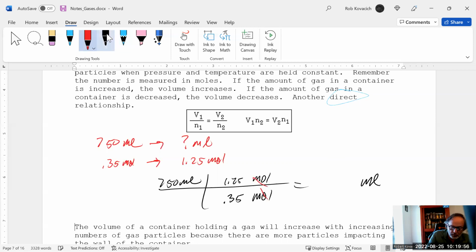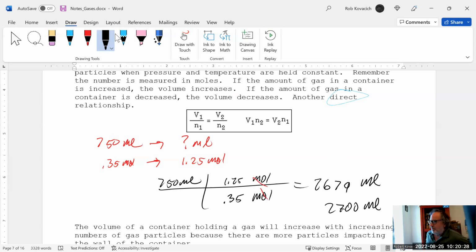I'll cancel the mole values out, and then we'll do the calculation on this, which is 750 times 1.25 divided by 0.35. And I got 2679. We've got two significant figures, so this works out to be 2,700 milliliters. So it got significantly bigger, but that's understandable because we increased the number of moles by a lot.